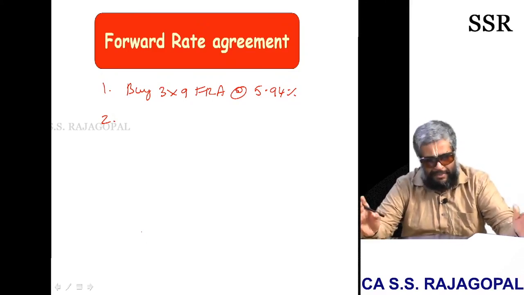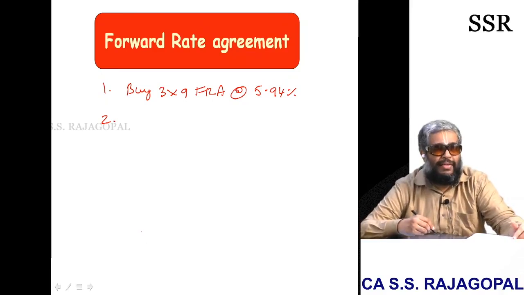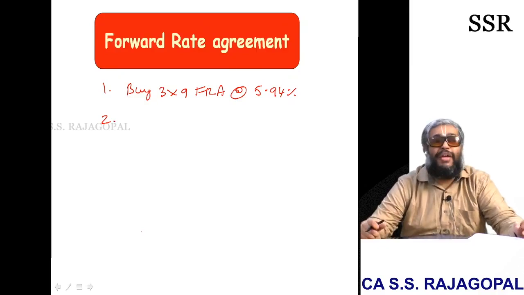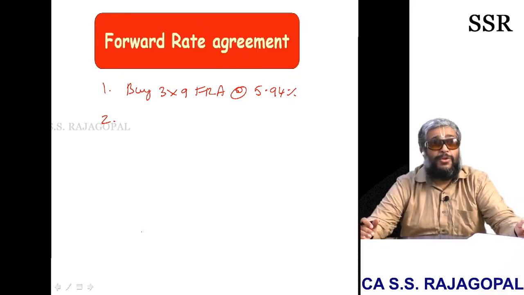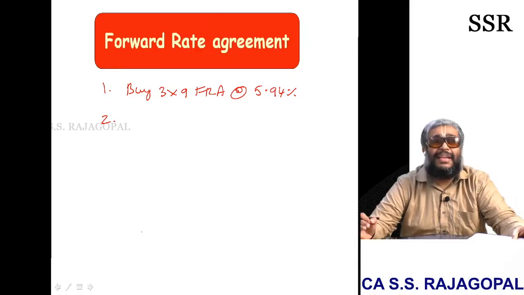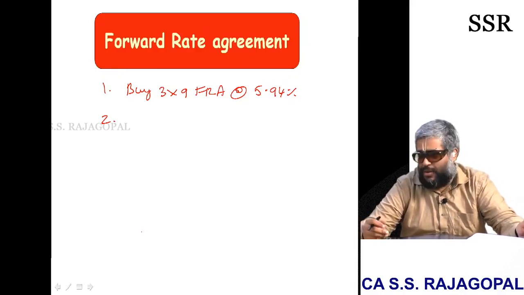It has agreed to buy a 6 months interest rate after 3 months at 5.94%. Suppose the 6 months interest rate after 3 months increases, then he will give a counter sell at a higher price and get a compensation. If it drops, he has to pay compensation. Okay, next, write down.